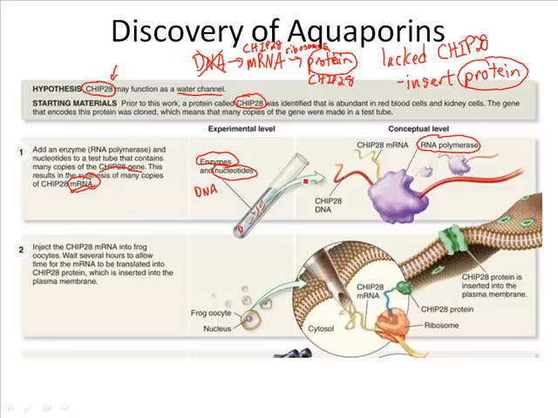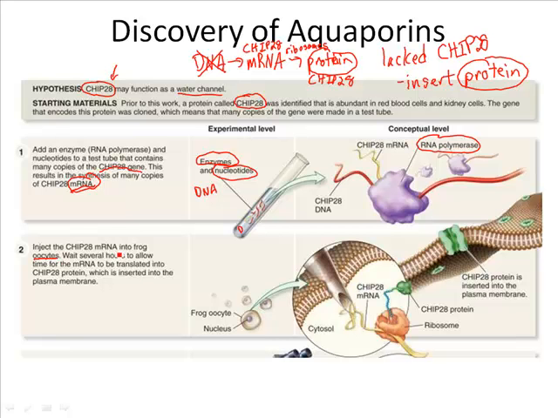And the cells which they used to do this were actually frog oocytes, essentially frog eggs. And using very fine needles, they puncture the plasma membrane without destroying it, and into the cytoplasm they introduce the CHIP28 mRNA.